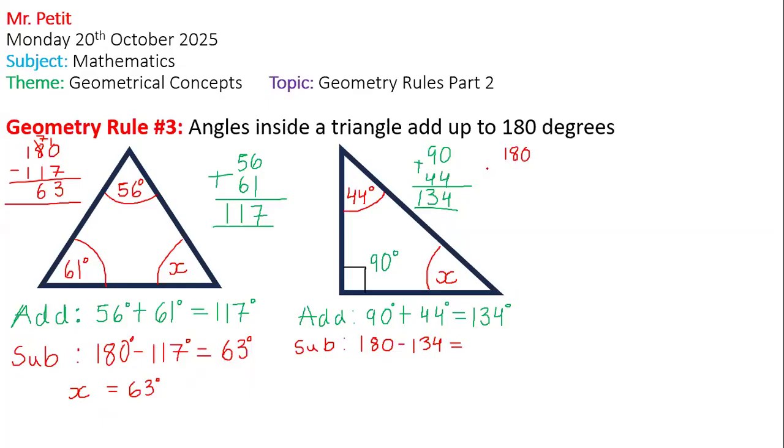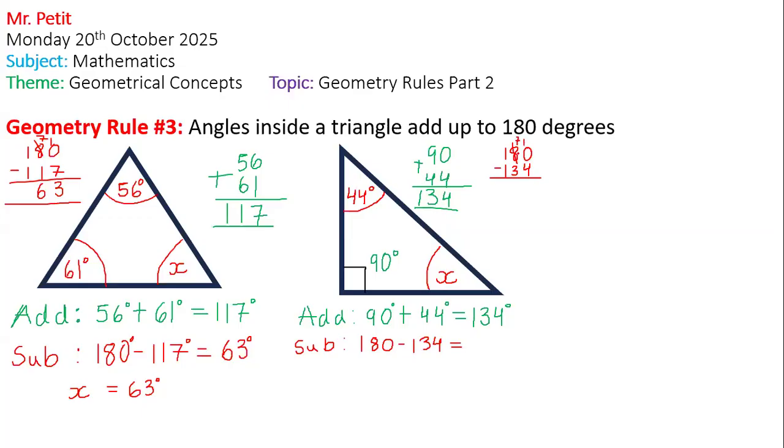Okay. So we have 180 degrees minus 134. So 0 minus 4, we can't really do that. This becomes 7.